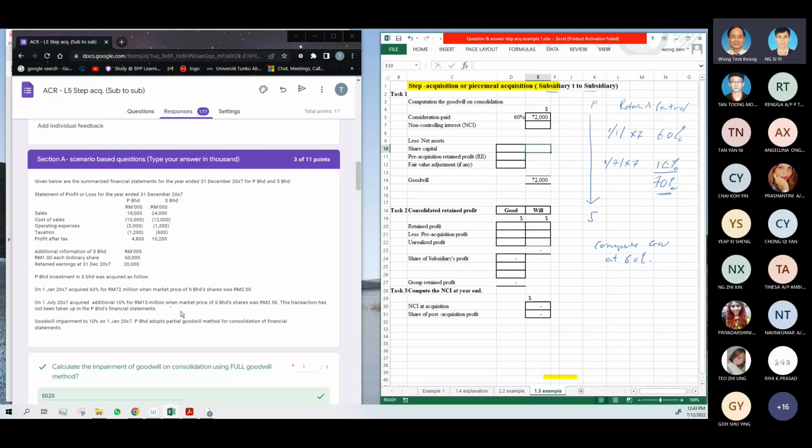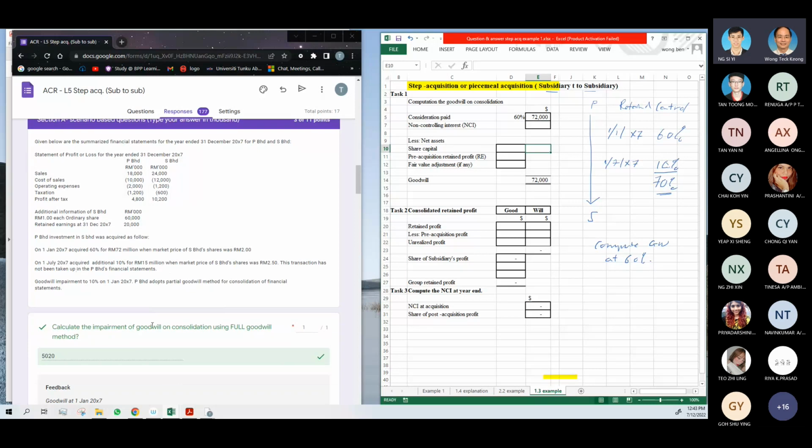So we adopt partial goodwill, but the question asks you to compute using full goodwill. Full goodwill means NCI at fair value. The share capital of S is, as given here, 60 million. They give you the P&L for the year ended 31st December X7, so 1st January is the start of the year.